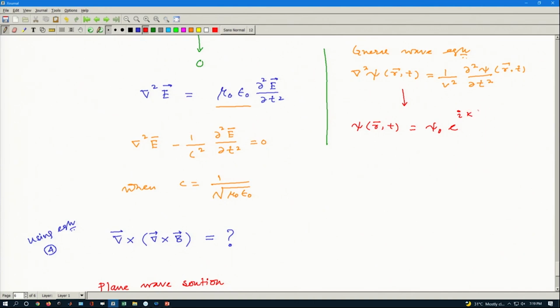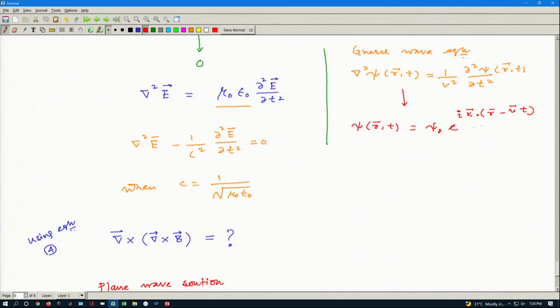So, something like k vector, k dot r minus v t. Okay, it is like a z minus v t kind of form.